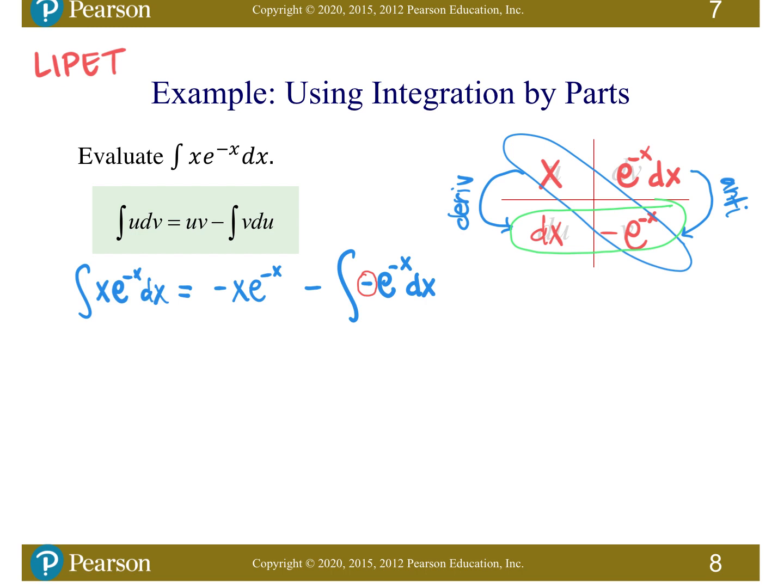If we pull that out to the front, then that allows me to have a plus out here, which I like better. So my answer is going to start with negative x e to the negative x, and then plus the antiderivative, which again, e to the negative x has the antiderivative of an ln e and a minus 1, and then plus c.